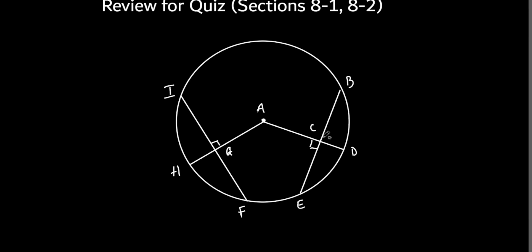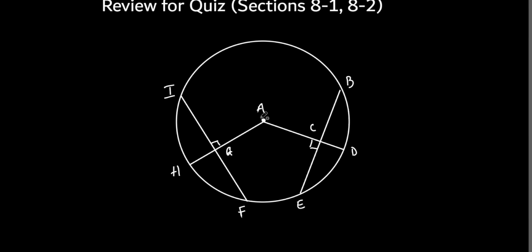I have a thing that says if a radius is perpendicular to a chord, now this is very important, everybody listen, if a radius is perpendicular to a chord, do I have that situation? Yeah, I got it twice, don't I? The theorem says then it bisects the chord.